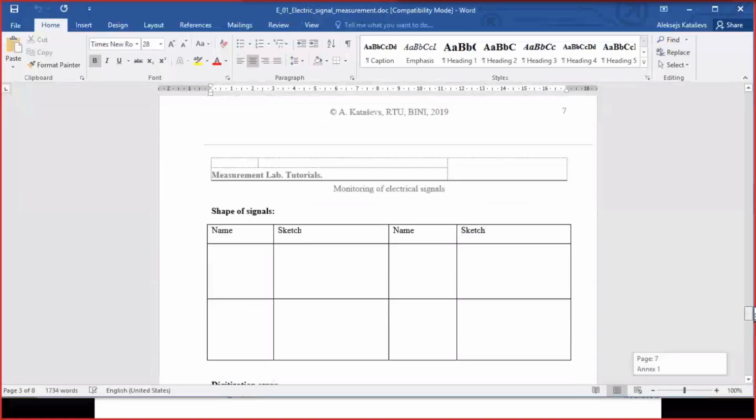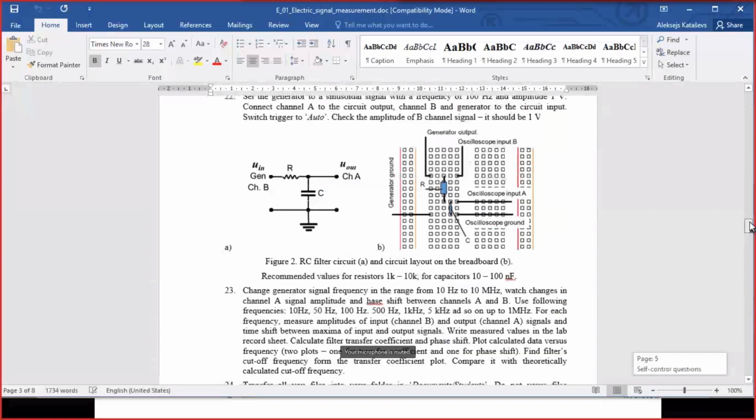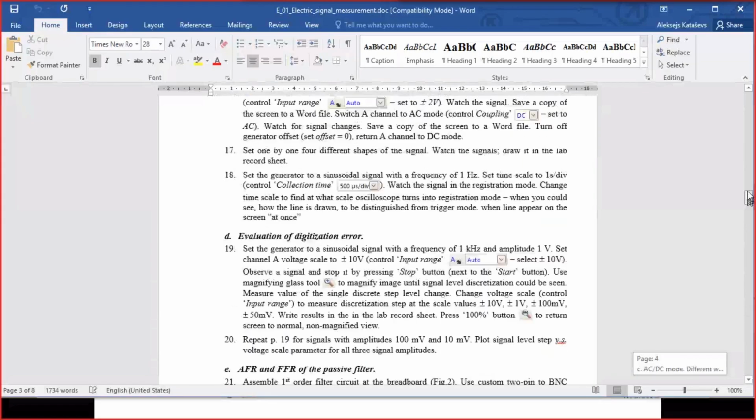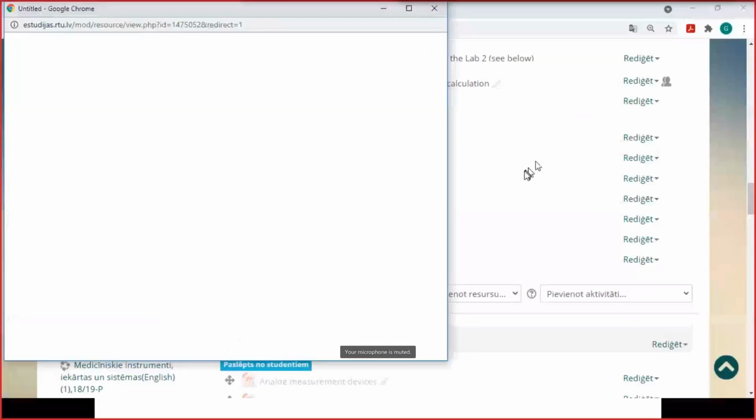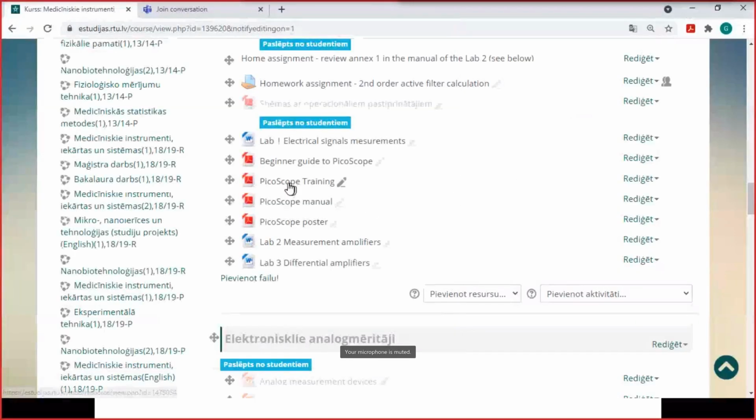Oh no, sorry, there is no description for the oscilloscopes. Anyway, please review the operation of the digital PicoScope oscilloscope that we use: the beginner guide and the PicoScope poster. It's quite well described in Wikipedia, so look at Wikipedia on how the analog oscilloscope works.